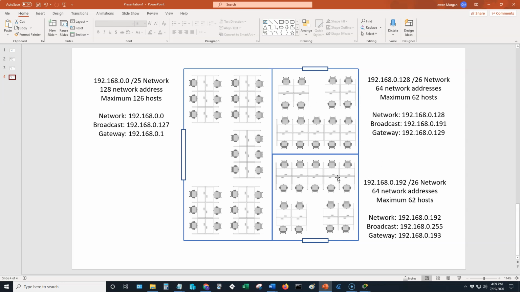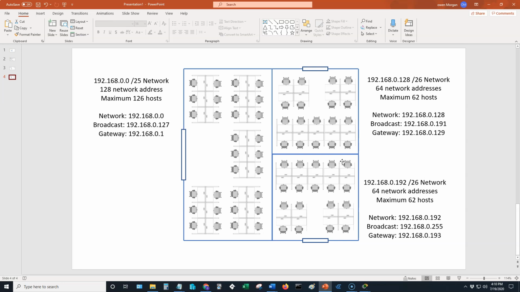So in this case, I broke this up. This is still 0 through 127. I then took this upper portion for the next 64, and started the network address at 128. The broadcast address in this case is going to be 64 addresses away at 191.